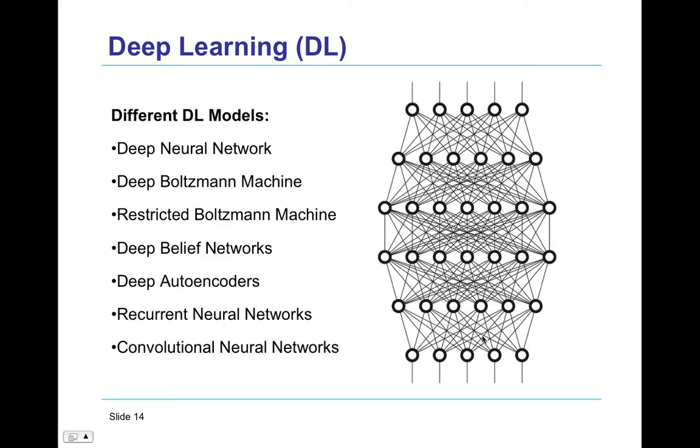Okay, so we have different models. This picture that you see is called a deep neural network, which is a normal neural network with more hidden layers. There are different types of models, like the deep Boltzmann machine, which focuses on the calculation of probability.